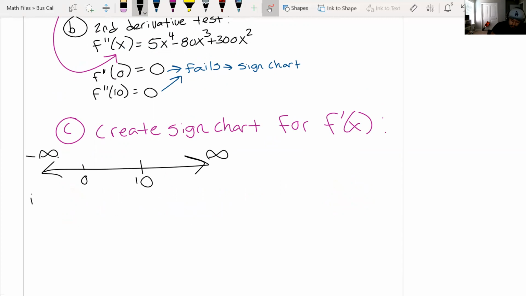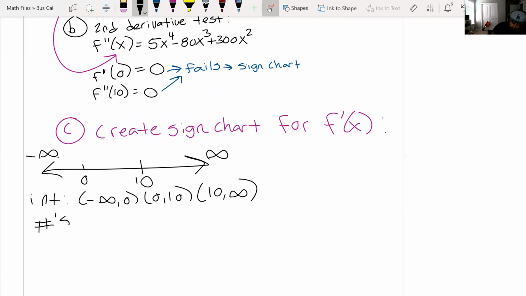My intervals, -infinity to 0, 0 to 10, 10 to infinity. 3 intervals, 3 x values.